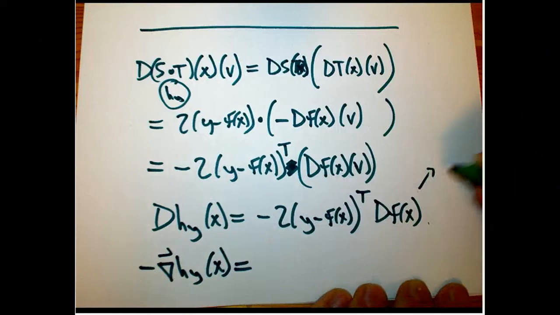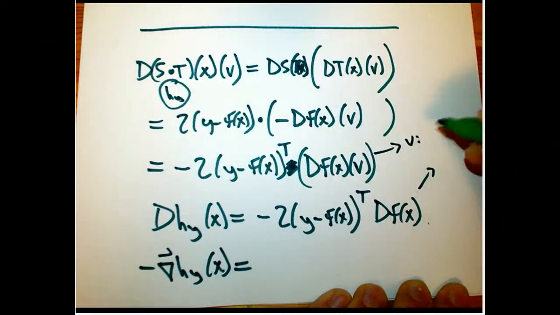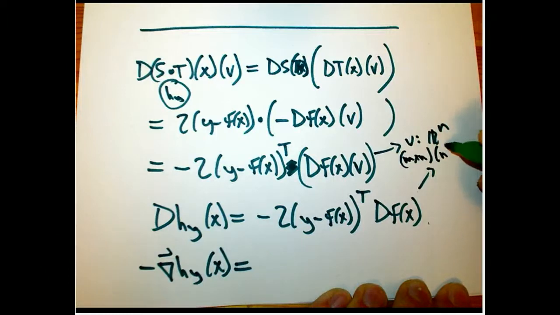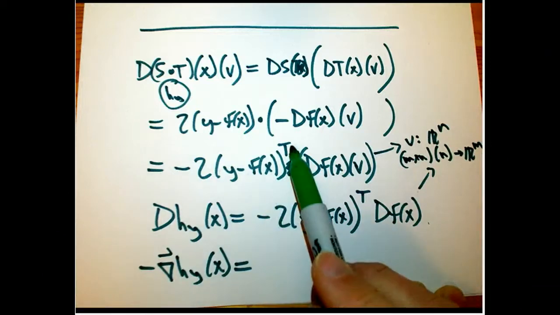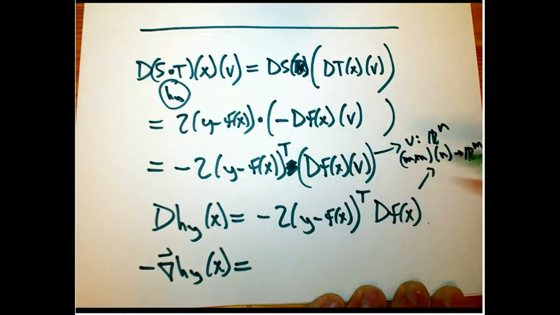Let's just make sure we know the dimensions here. Okay, so v here was in Rn. df of x, as I said in the other video, is an m by n matrix times a vector in Rn, which gives you a column vector in Rm. This guy already was in Rm. It was a column vector. That makes it into a row vector, and you dot it, or you multiply, and you get a scalar as we want.